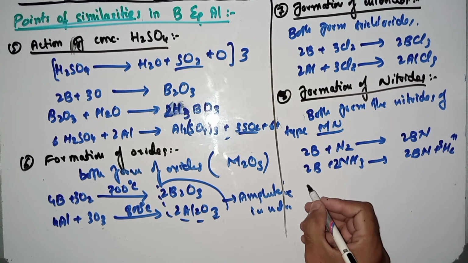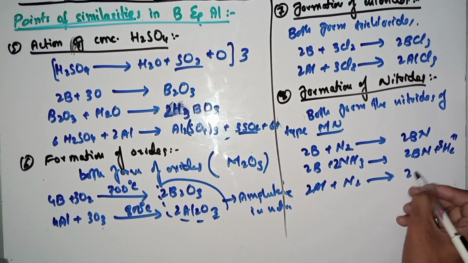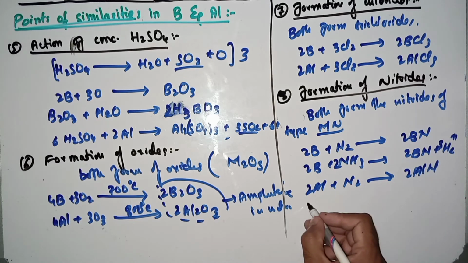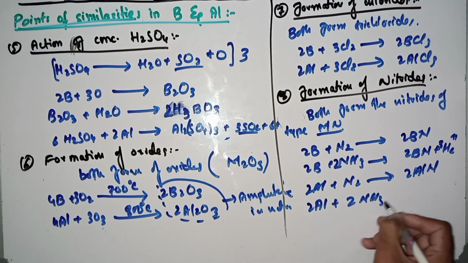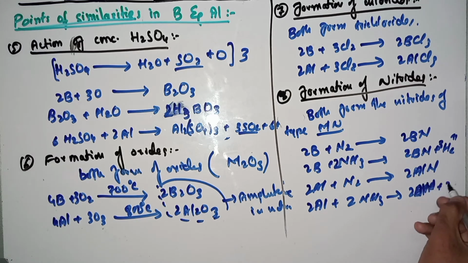Similarly, for aluminium, 2Al with N2 will generate 2AlN. Also for ammonia, it will generate 2AlN plus 3H2, hydrogen will be evolved. This is for nitrides. These are similar points between boron and aluminium.